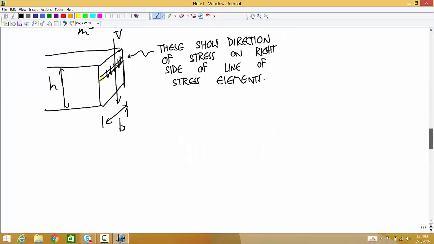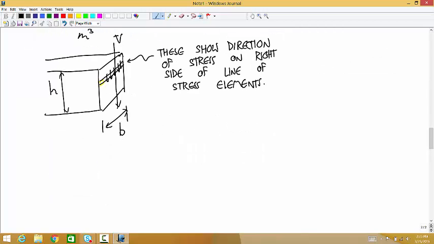So, based on that, if your coordinate system is this, because this is what we always use for beams, what element of the stress would be produced by that shear force?